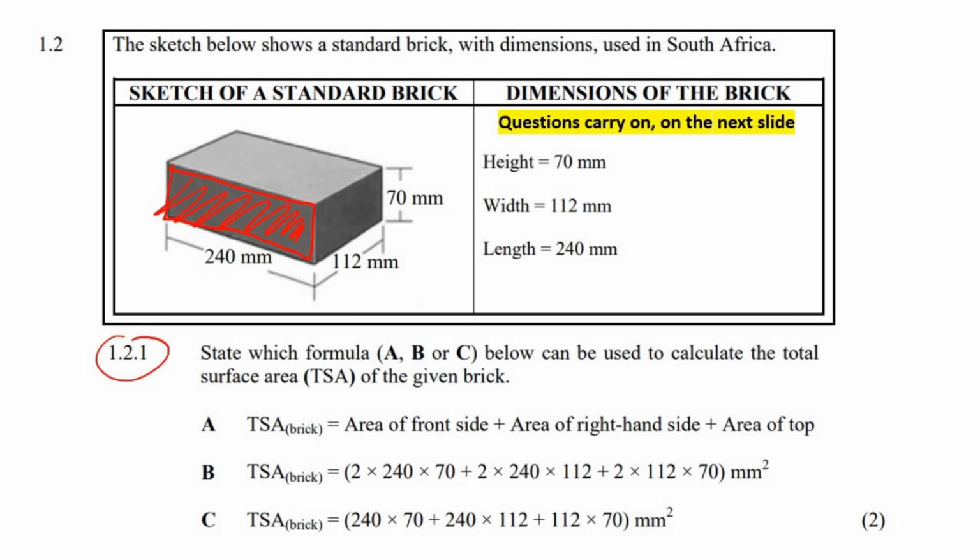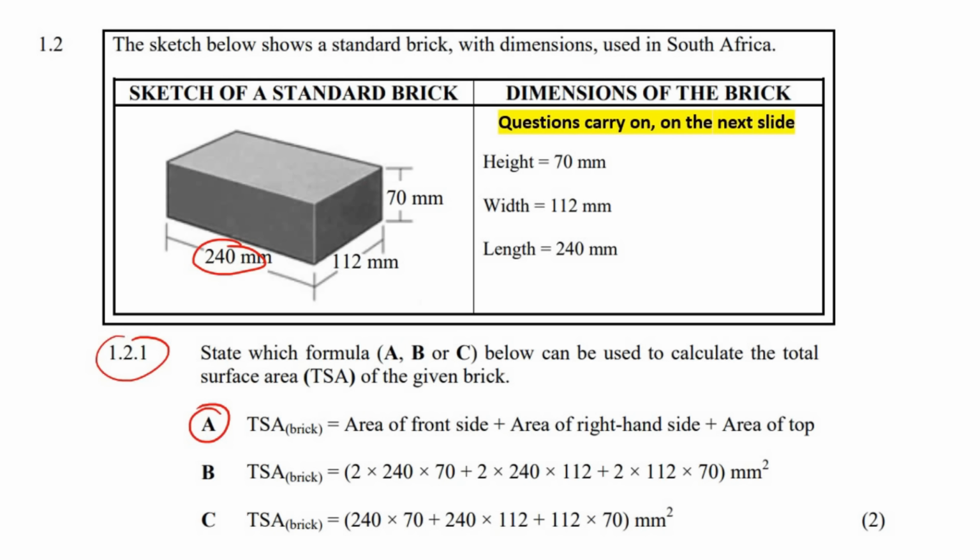Well, we know that a rectangle is always this length multiplied by that length. So it's like the length multiplied by the height. So for this red part over here, it would be 240 multiplied by the height, which would be 70. So that is what surface area is. You would do it for this piece, and then you would also do it for the piece that's at the back. You would do it for all of the pieces.